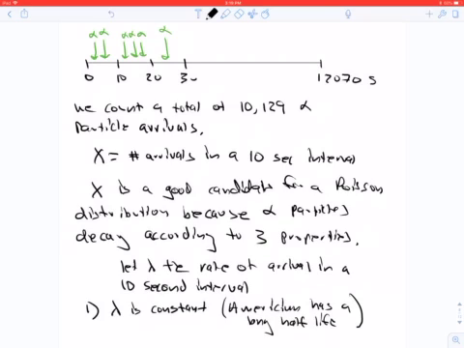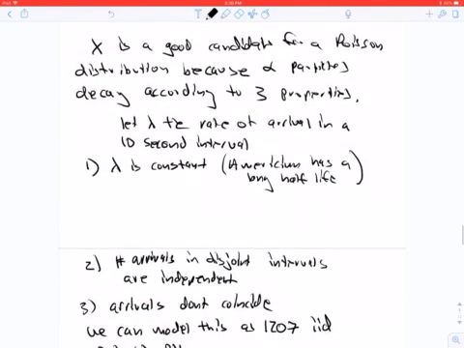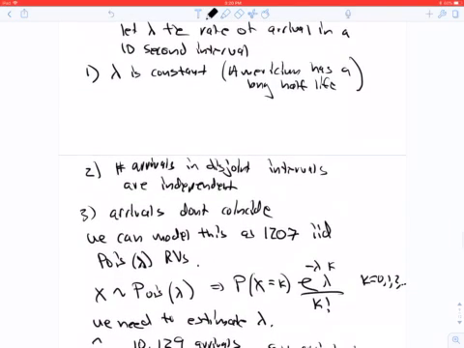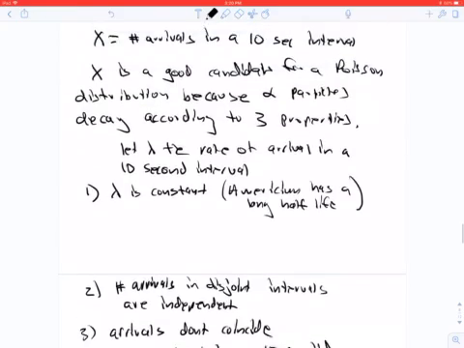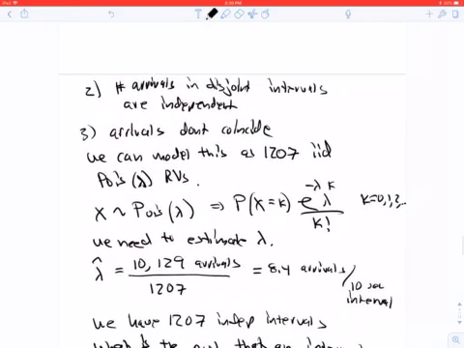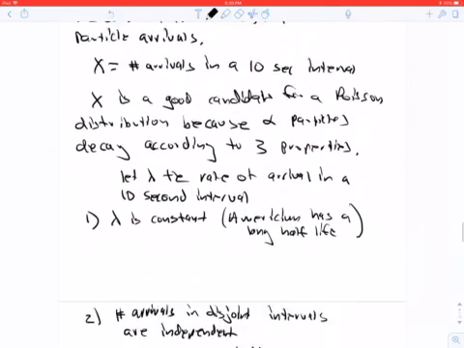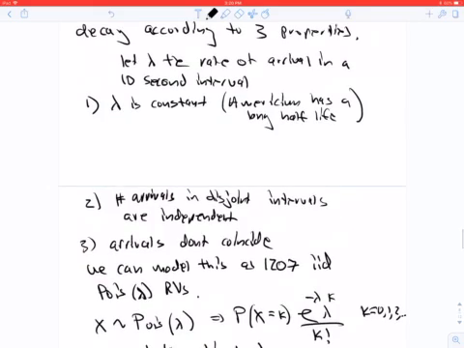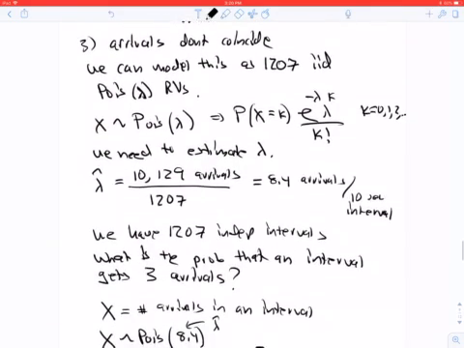Let x be the number of arrivals in a 10-second interval, and x is a good candidate for Poisson because this alpha particle decay satisfies three requirements for a Poisson process, namely that lambda, the rate, is constant, the number of arrivals in disjoint intervals are independent, and arrivals don't coincide. These are all reasonable assumptions for alpha particle decay.